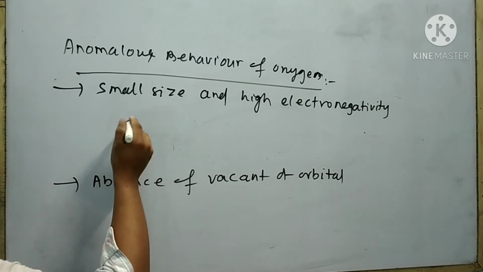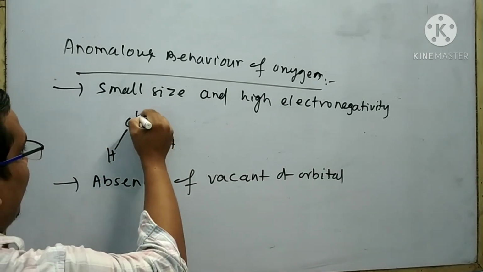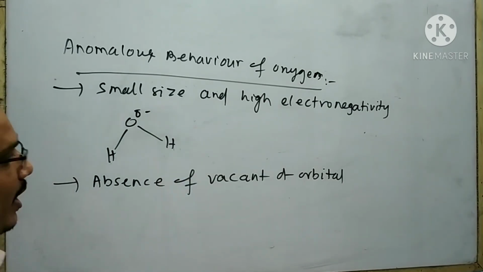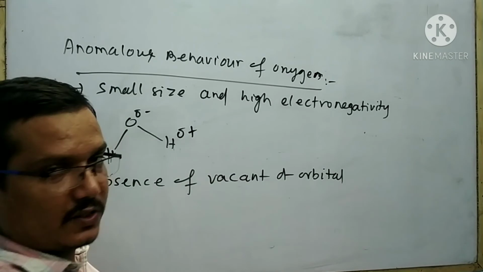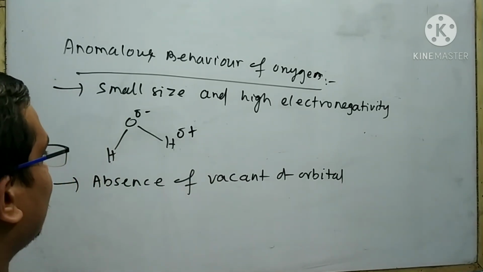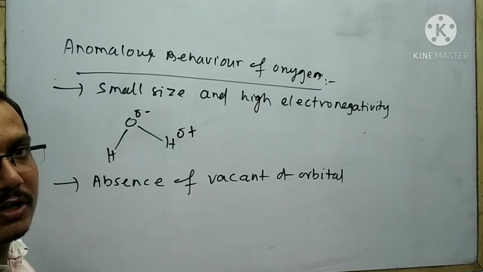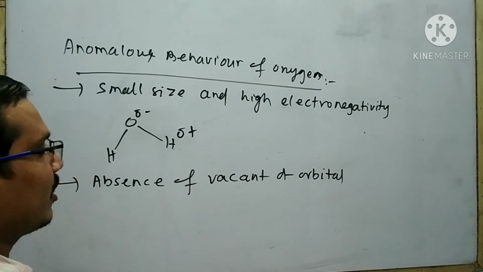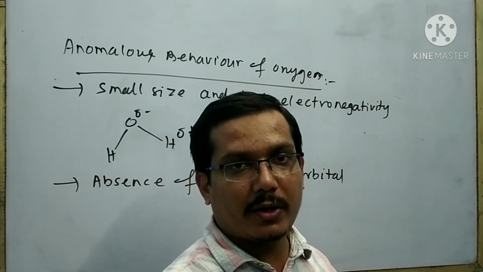Due to the small size and high electronegativity of the oxygen atom, the oxygen atom carries a partial negative charge in the water molecule and the hydrogen atom carries a partial positive charge. Due to this, the water molecule is able to form hydrogen bonds.